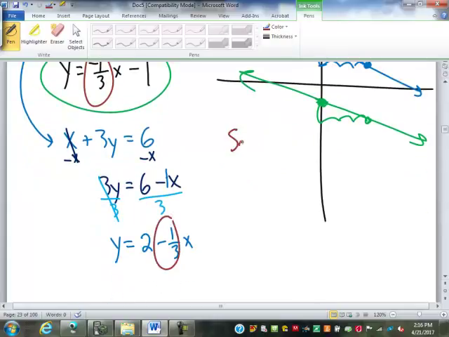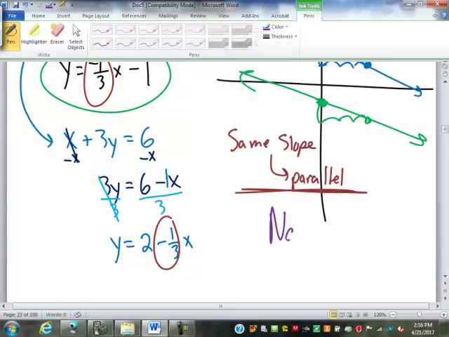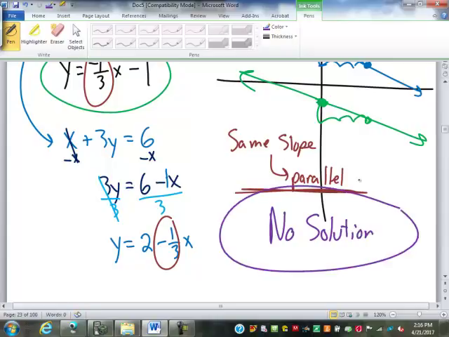And if they have the same slope, we went over this a couple weeks ago, that means they are parallel. If they are parallel, they will not intersect. So there is no solution to this system. There is no point at all where these two lines will ever cross.